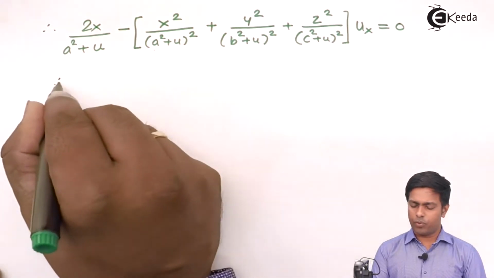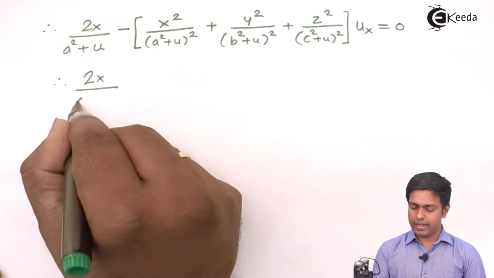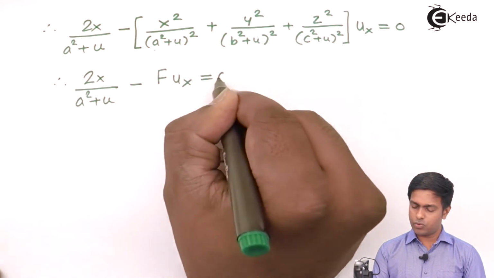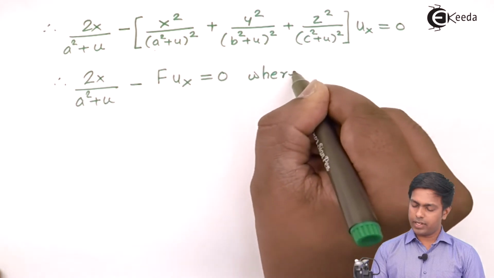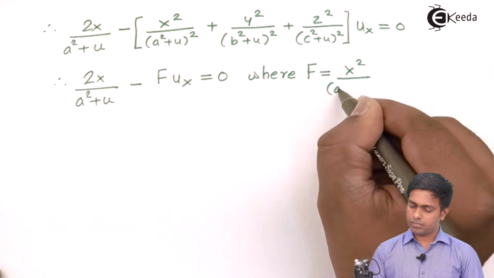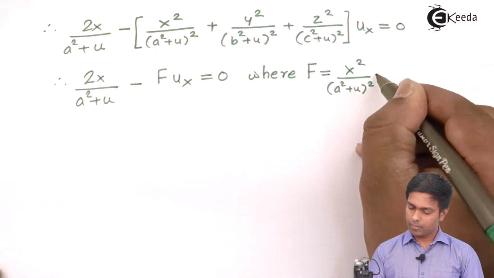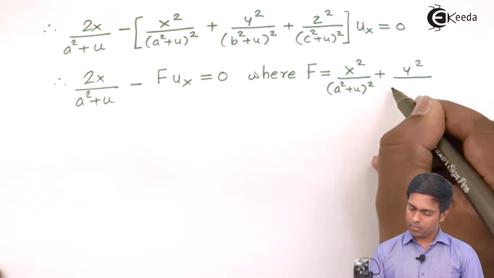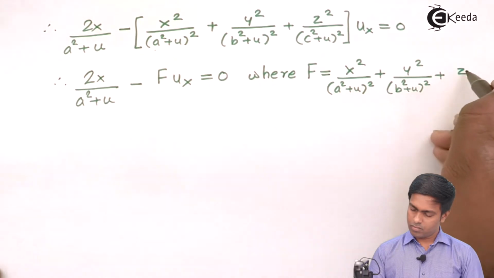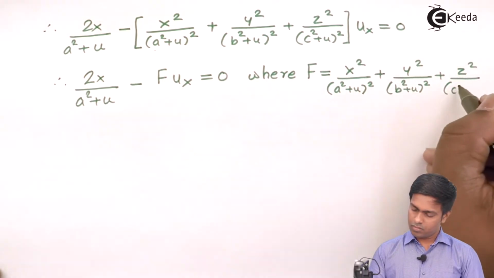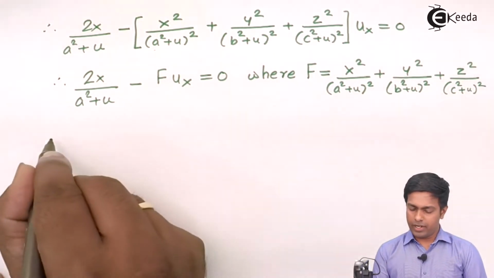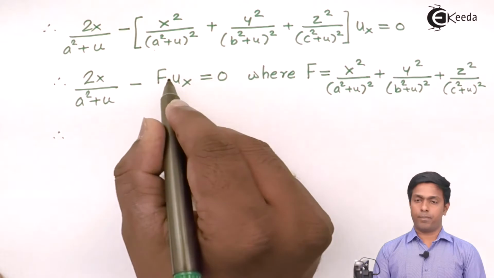So this will become, therefore, 2x upon a square plus u minus f ux is equal to 0, where I would say f is equal to x square upon. Now here I'll say therefore this will become positive on the right hand side.